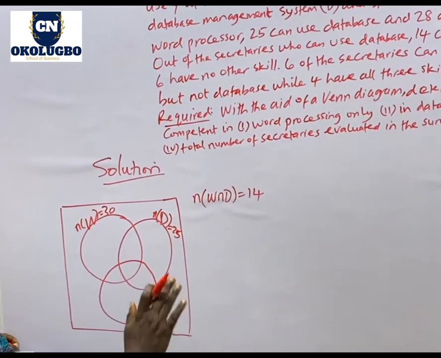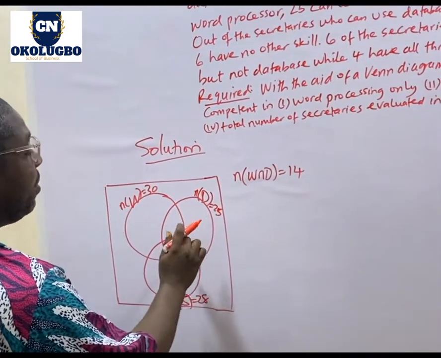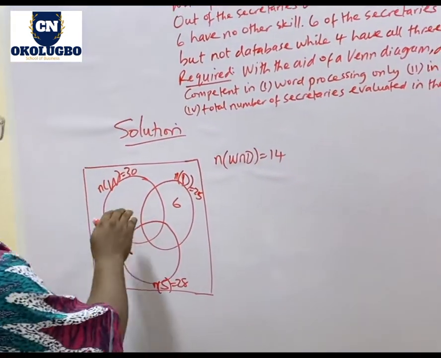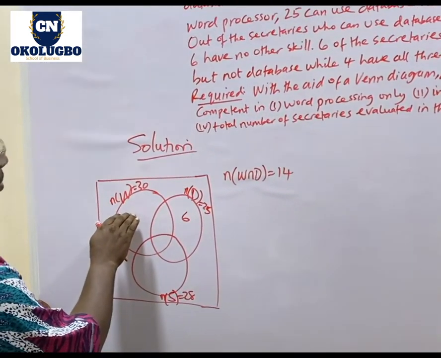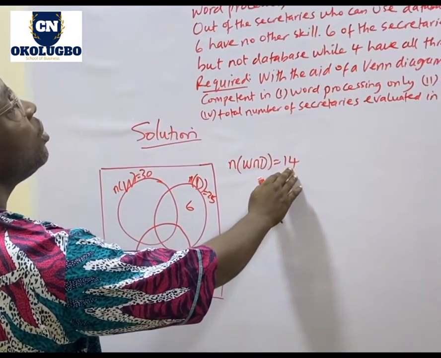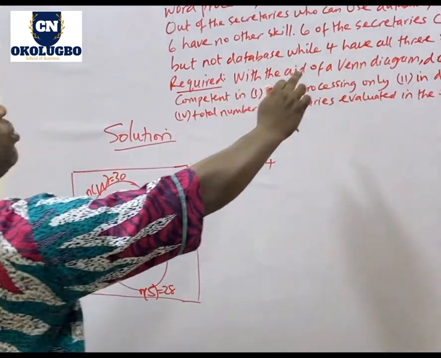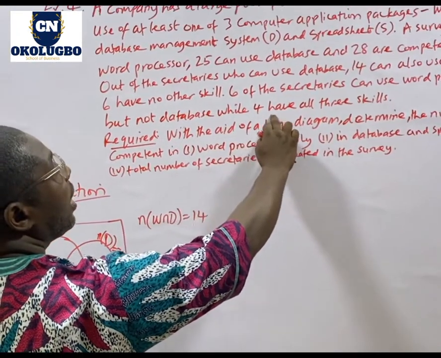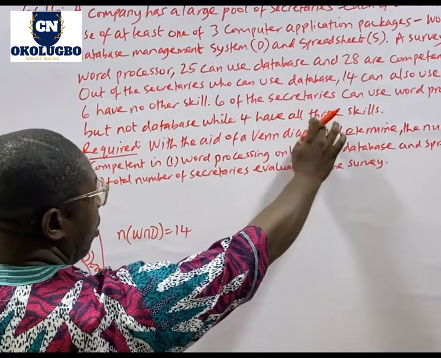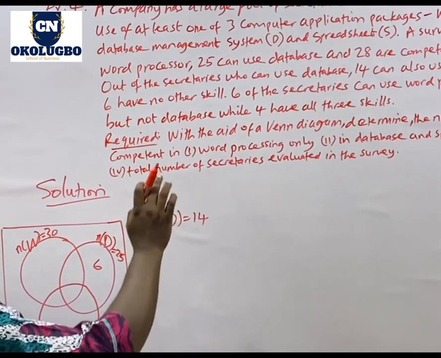They have no other skill but database. So database only here will be 6. Now, the intersection between word and database, we're told is 14. But then we're also told that 4 can use all 3 skills. We'll come to that before then.